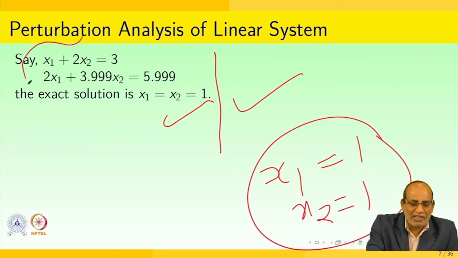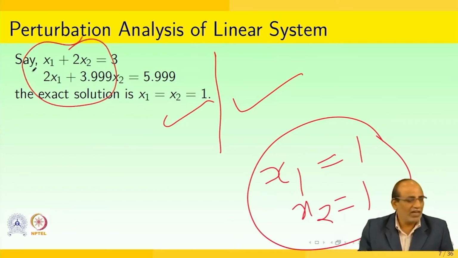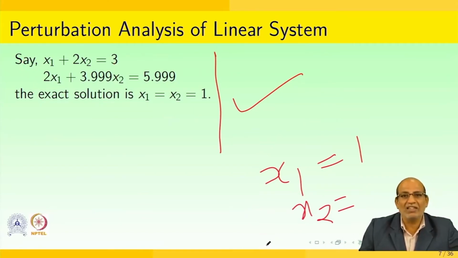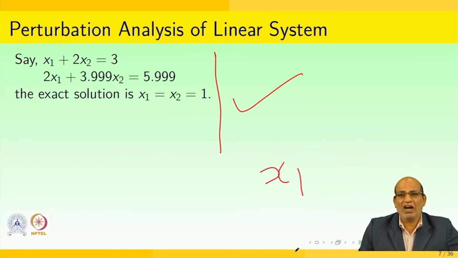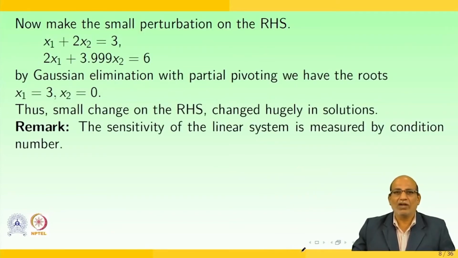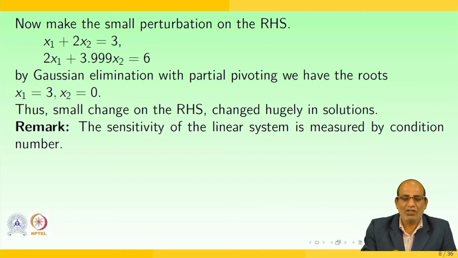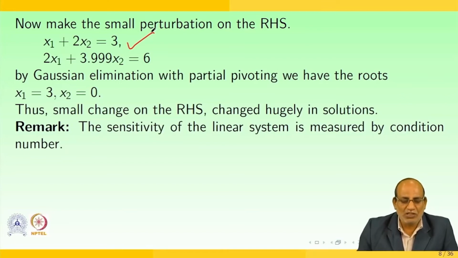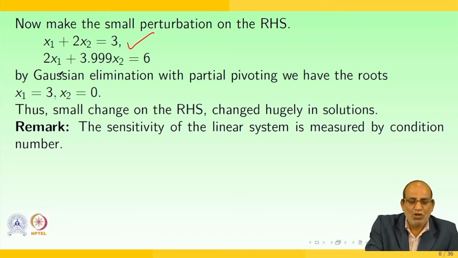Now let us perturb the coefficients of this equation and see how it looks. Look at this. Now make this small perturbation on the RHS. So x1 plus 2x2 is equal to 3, that is fine. The second equation is 2x1 plus 3.999x2 is equal to 6.